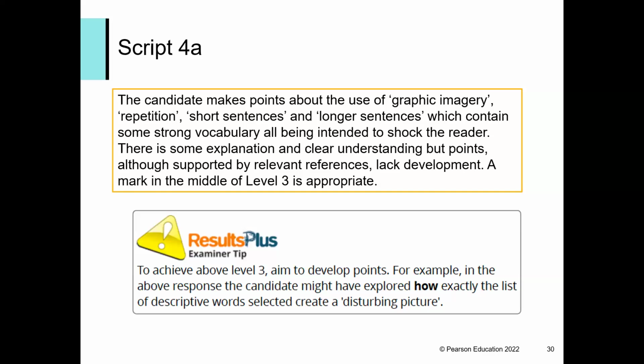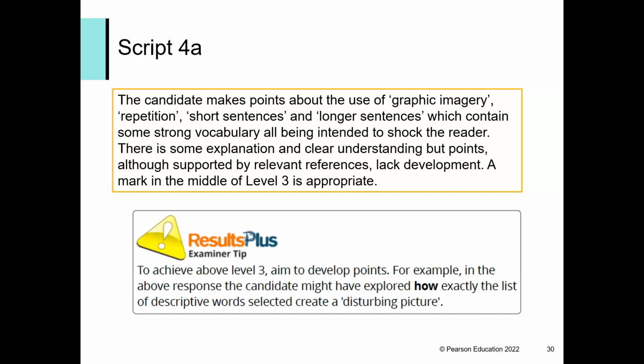And I think this will help you distinguish between them. If we think of those key words, clear understanding, but points, although supported by relevant references, lack development. So it is a response that explains. So a mark in the middle of level 3 was given for this.